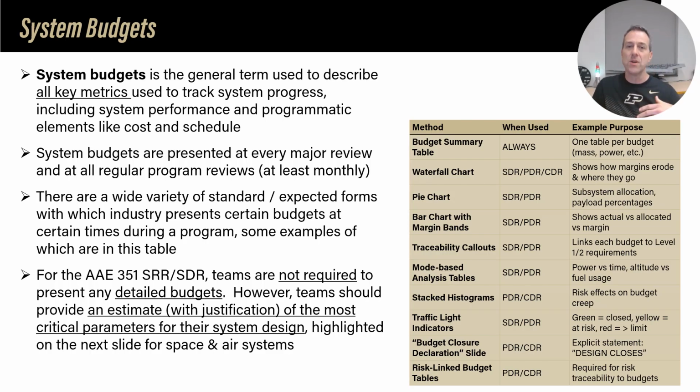All the major reviews, even the monthly or sometimes weekly programmatic reviews, will have a list of system budgets being tracked, and even the trend lines as they change over time and what's happened since the last review, et cetera.